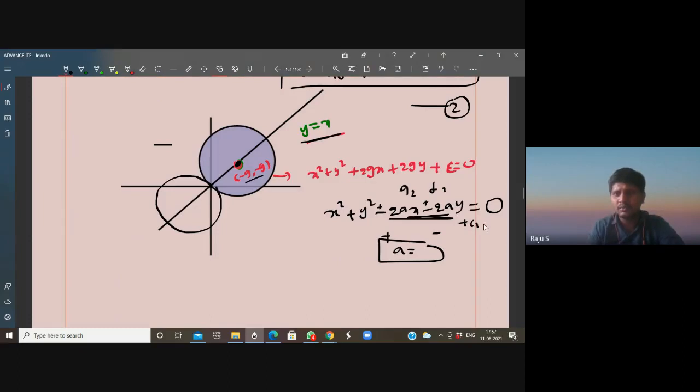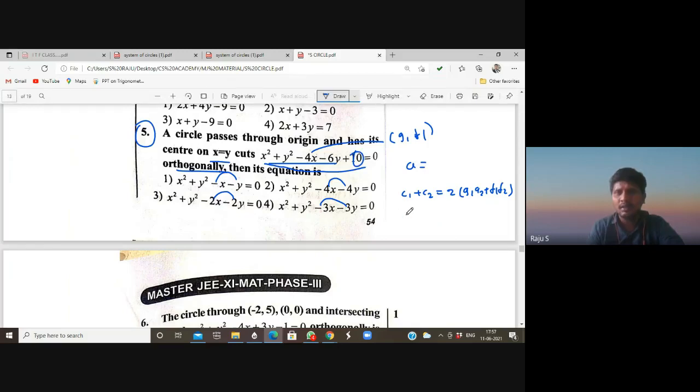Here c2 is 0, since there is no constant. Here c1 value is 10. So 10 plus 0 is equal to 2 times, here g value is plus 2 into the g value there, 1, and here g value is 3 into 1 over there. Like that you will get it directly.